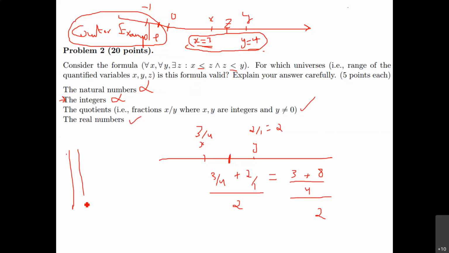What about the real numbers? So R. Would it seem like it would also work for the real numbers?